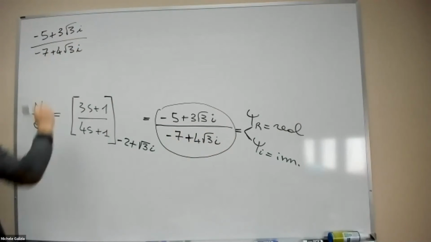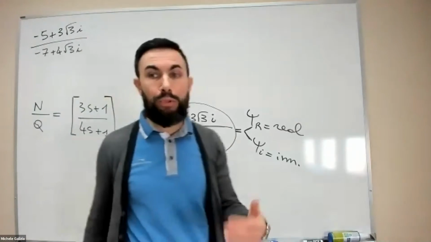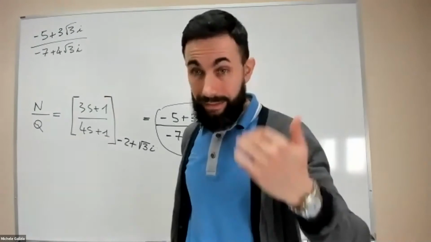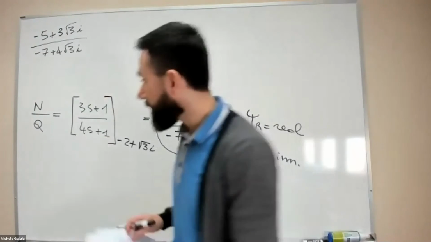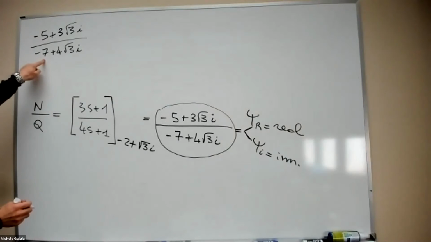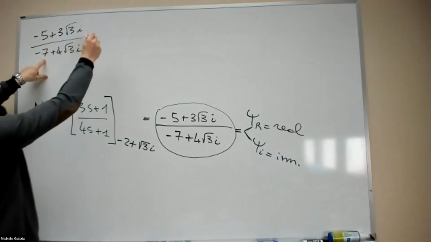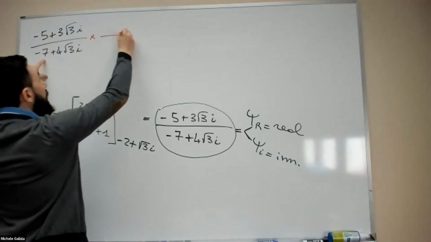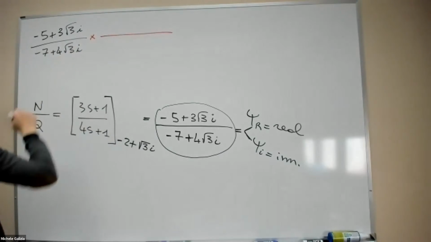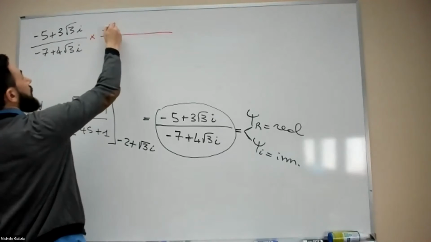When you have a number like this, you can get an equivalent number by multiplying numerator and the denominator by the same quantity. Let's multiply numerator and denominator by the complex conjugate of the denominator. Can you please, guys, tell me who is the complex conjugate of the denominator? Minus 7 minus 4 root 3i. That's right.